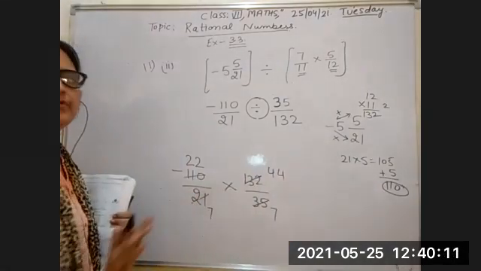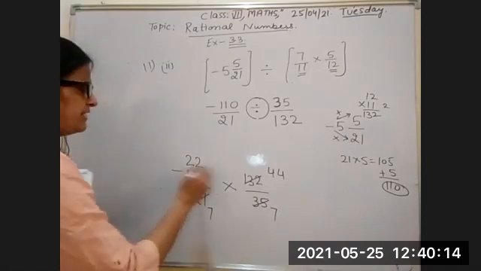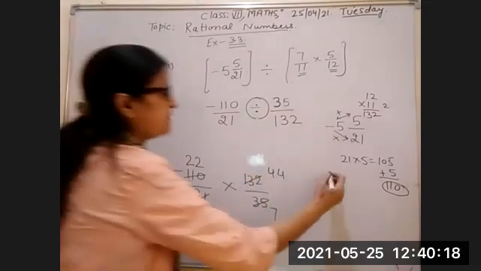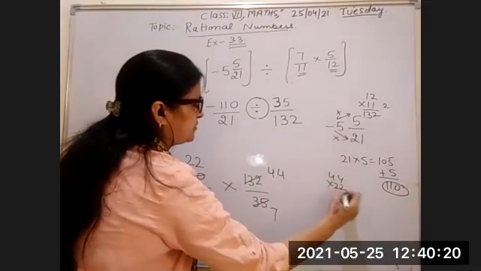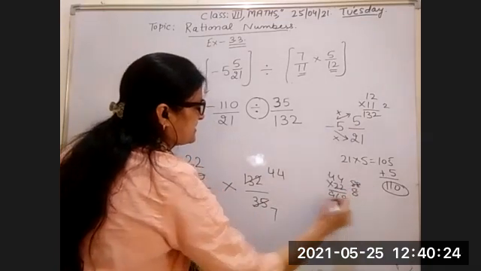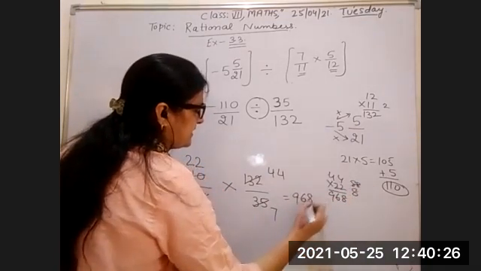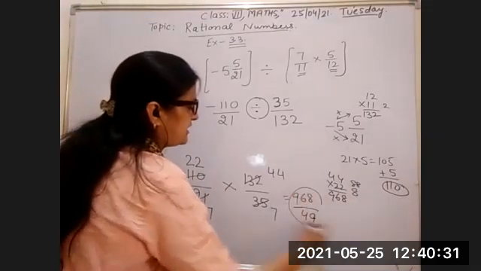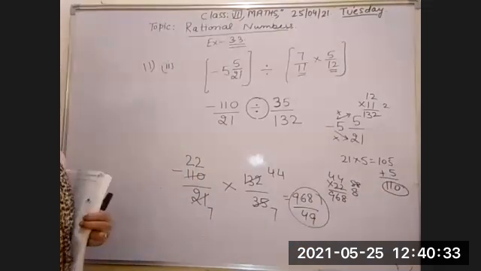Same number you have to divide. Now nothing is cancelled here, so you multiply 44 into 22. You will get 968, and when you multiply 7 with 7, you will get 7 7s are 49.